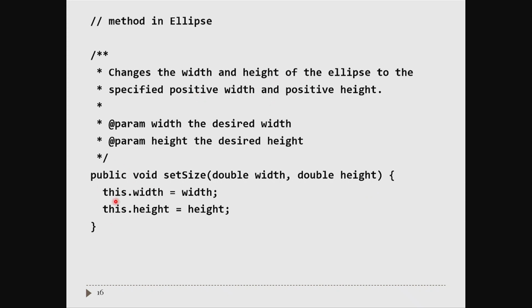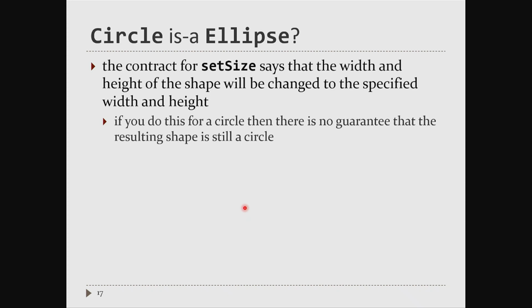So if I now implement circle, circle gets the setSize method. It also inherits its contract. So the contract for the circle method setSize also says that it's going to change the width and height of the circle. Now, if you change the width and height of a circle to unequal values, you don't have a circle anymore. So your abstraction is broken.